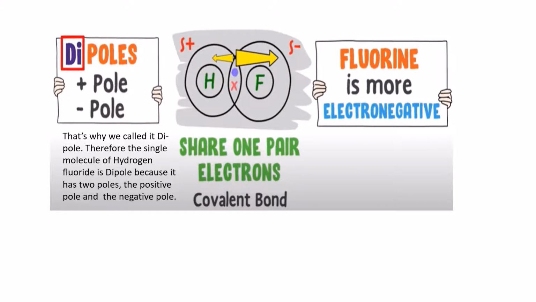It is now called a dipole, with a positive pole and a negative pole. Therefore, the single molecule of hydrogen fluoride is a dipole, because it has two poles, the positive pole and the negative pole.